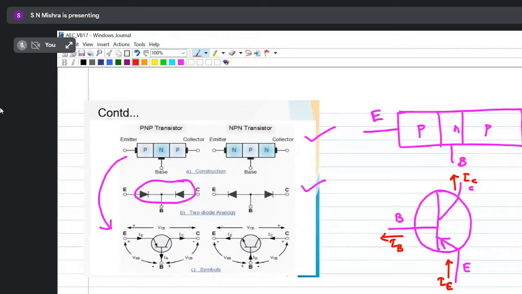Now we will understand the terminal voltages. Between collector and emitter, I can name it collector emitter voltage, VCE. Voltage between base and emitter is VBE, base emitter voltage.